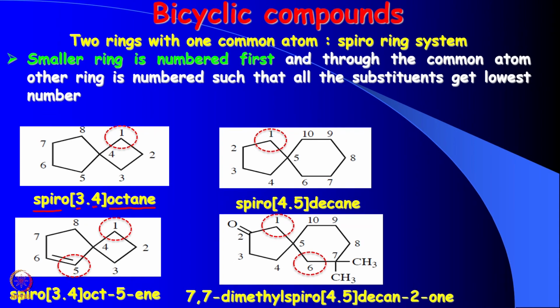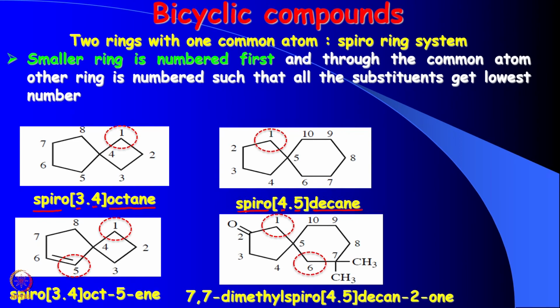The second one that we have is numbered like that 1, 2, 3, 4, 5, 6, 7, 8, 9 and 10. So, this is a derivative of decane. It is a spiro compound, and then on the left hand side ring you have 4 carbon atoms, and the right hand side has 5 carbon atoms.